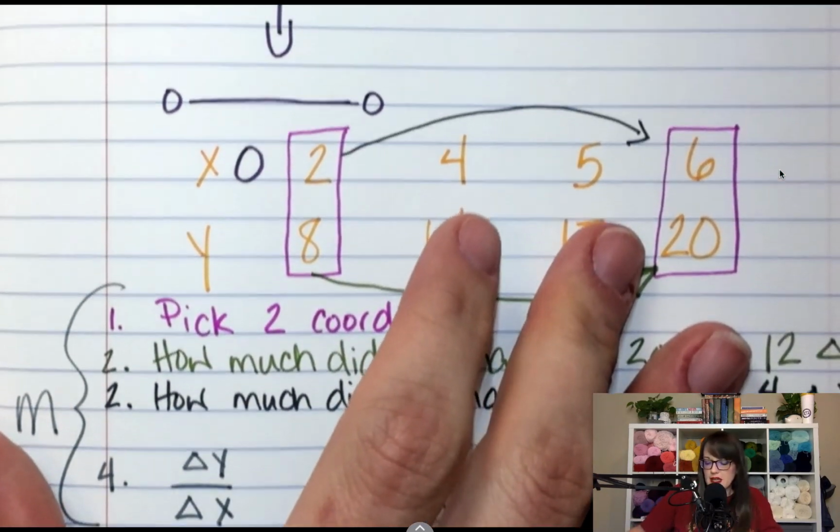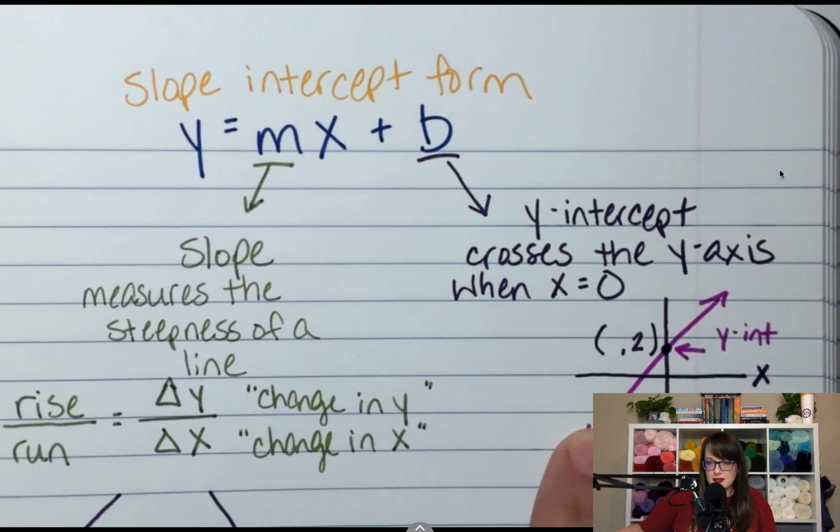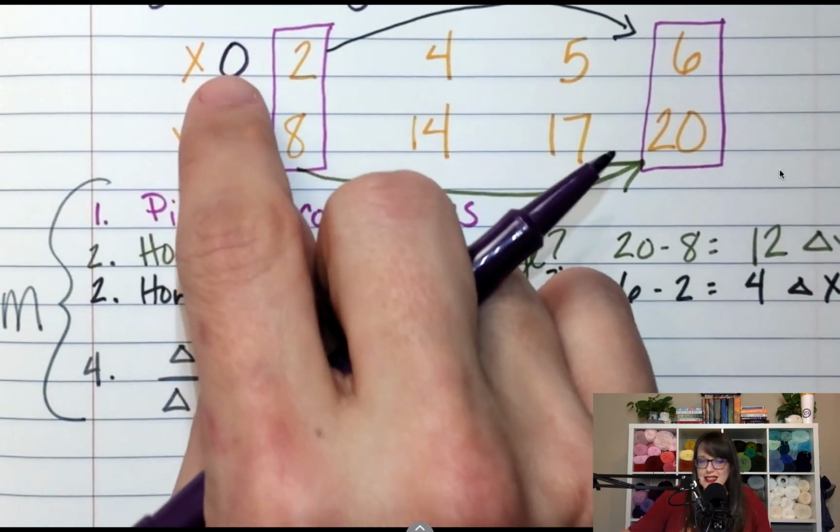Because remember we said up here that when it crosses this axis, that's the y-intercept, and that's when x is 0.